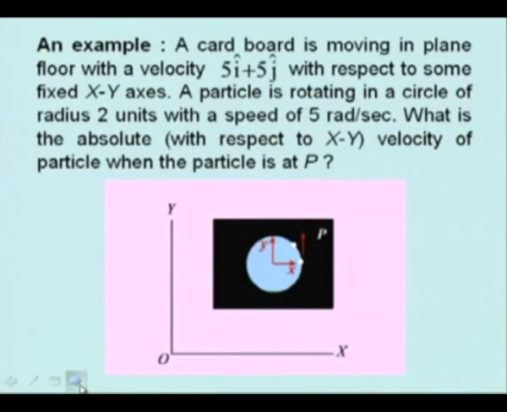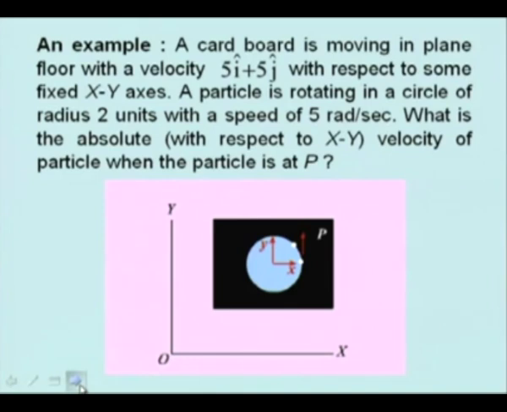Now we present one example of using these relations. In this figure, capital X capital Y system is shown, that is the fixed reference frame. Now in this frame, a cardboard is moving in this plane floor with a velocity 5i plus 5j with respect to the fixed xy axis.